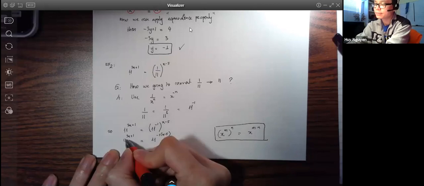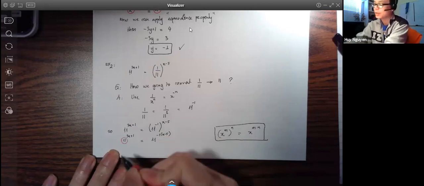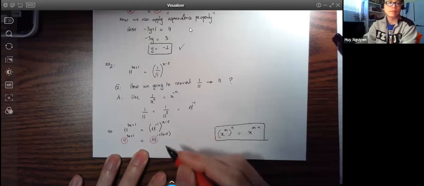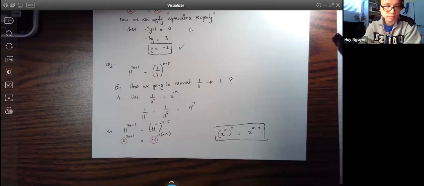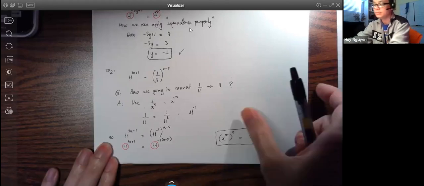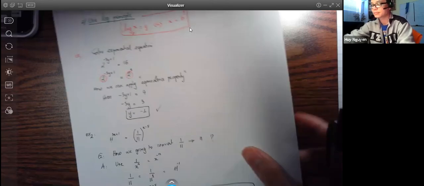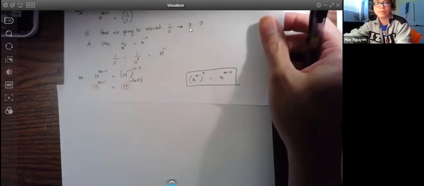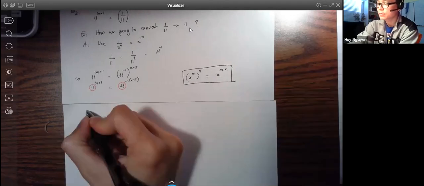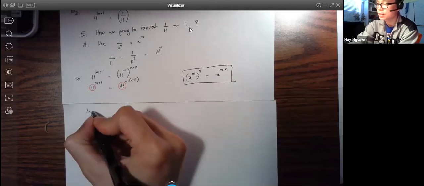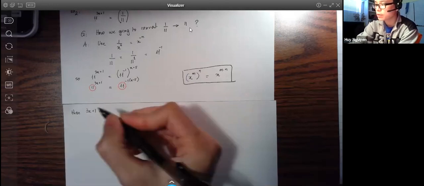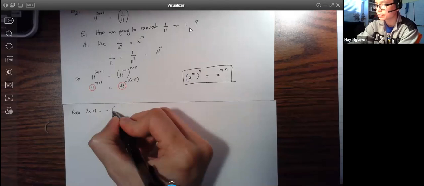So right now what we have is 11 on the left. We have 11 on the right. It means we have the same base. Then we can apply the equivalence property. The equivalence property will give us 3x plus 1 equals -1 times x minus 1.